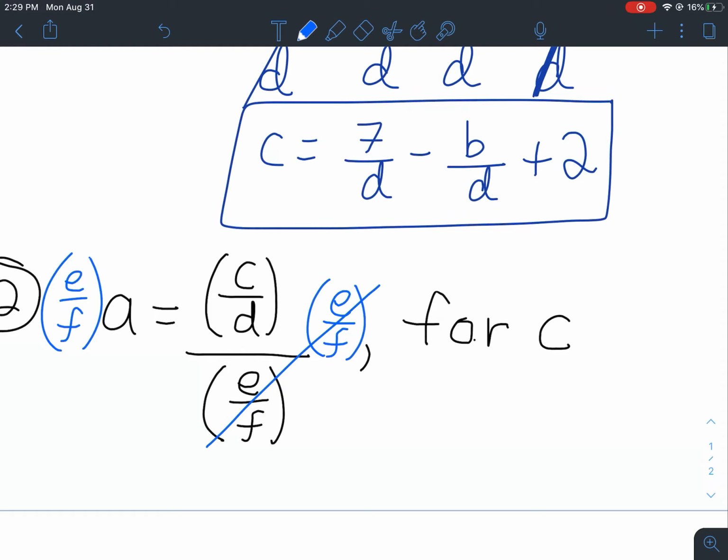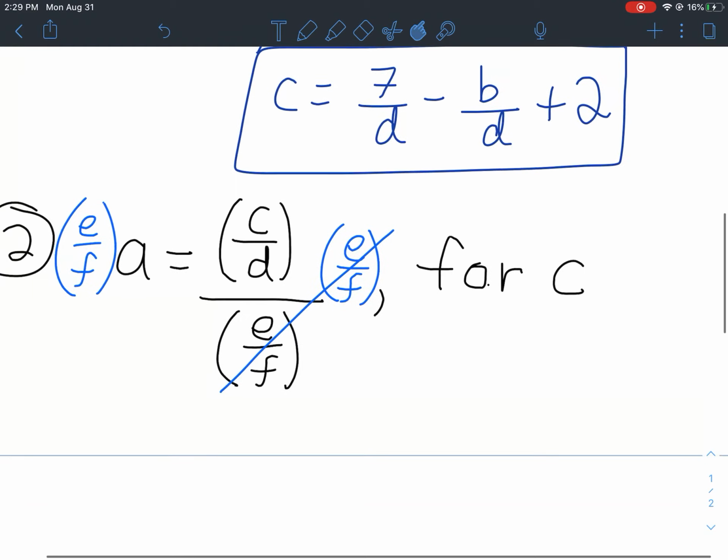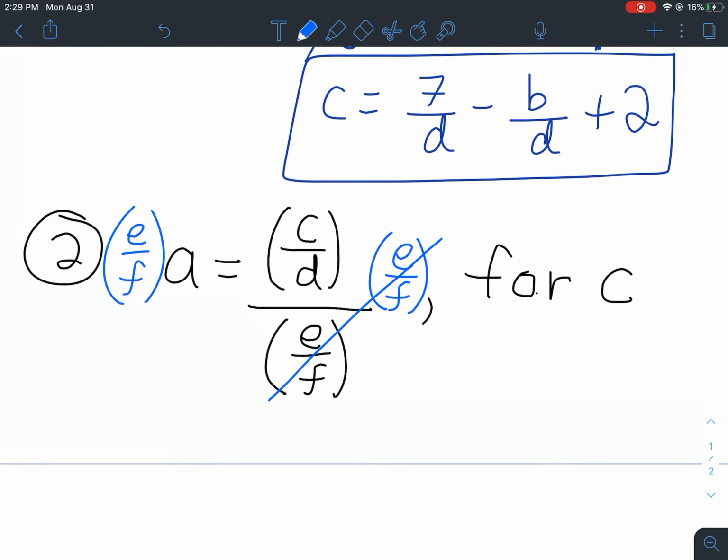What happens when you do that, on the right, those cancel. E over f divided by e over f is just 1. And think about when you're multiplying here, this is like a over 1. So if you multiply straight across, e times a, generally when you multiply variables, you'll put them in alphabetical order. So e times a is ae, and f times 1 is just f.